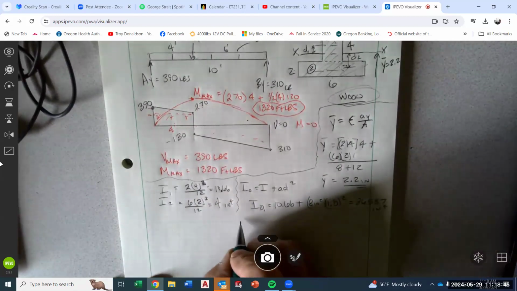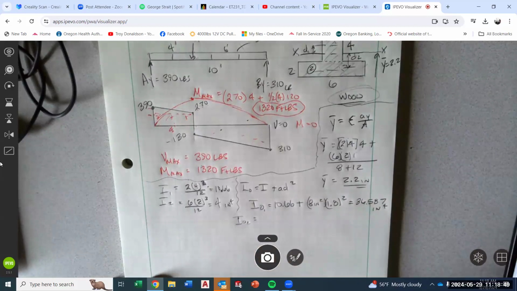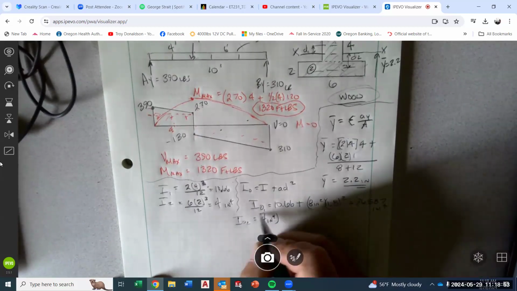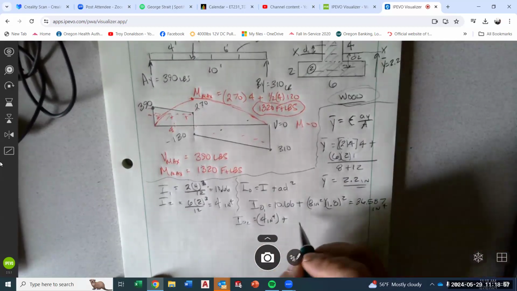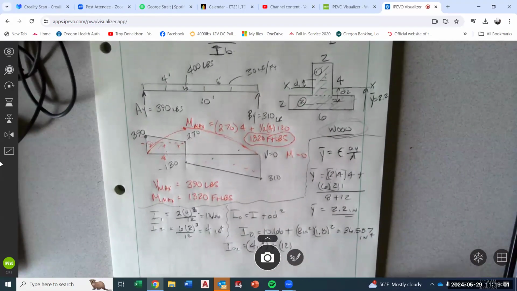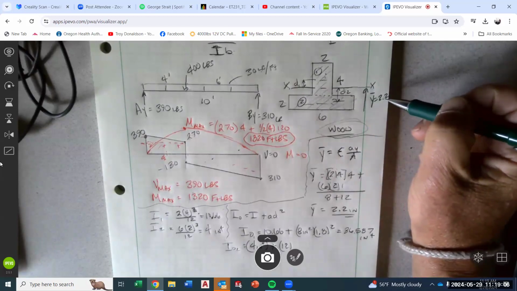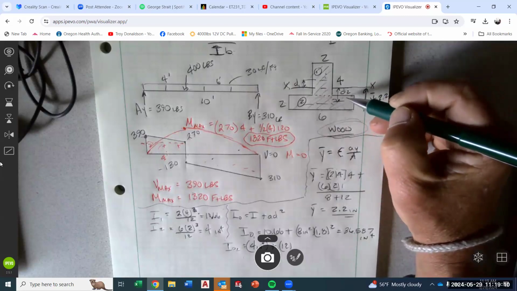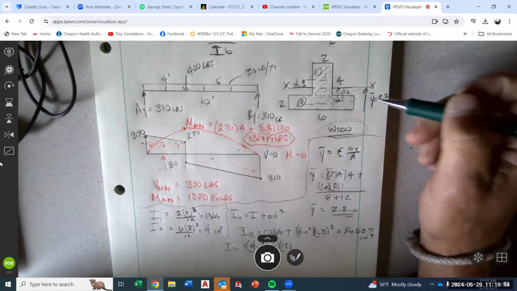Now I'll transfer the second one, the 4, plus its area of the second one, that's 12. And then the transfer distance of the second one is right here. So it's the 2.2 minus, how far is it? It's 1 down. So yeah, you got to be careful here.